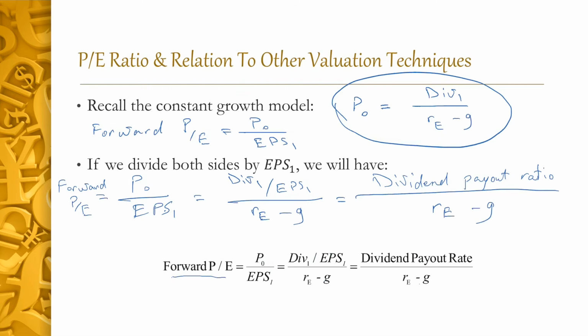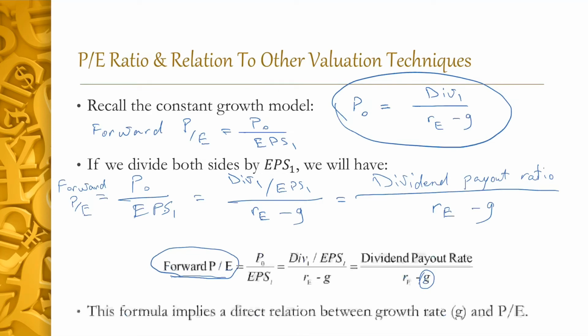What is interesting and important for us here is the relationship between g and the forward P/E ratio. There is a direct relation between the forward P/E ratio and the growth rate, meaning that if I keep the dividend payout ratio and the equity cost of capital constant, the higher the growth rate of dividends, the higher the forward P/E ratio.